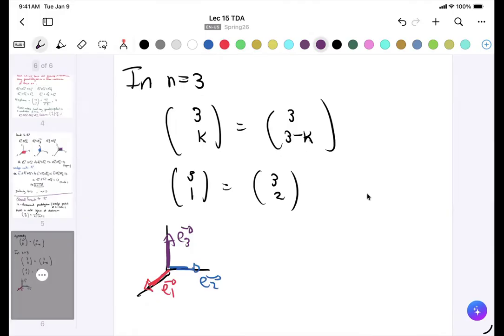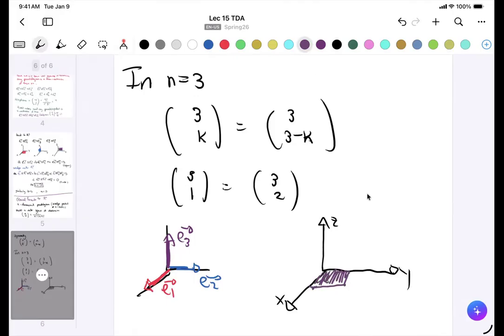And then the two-dimensional things, these unit squares that I was talking about. This is a unit square on the xy plane.